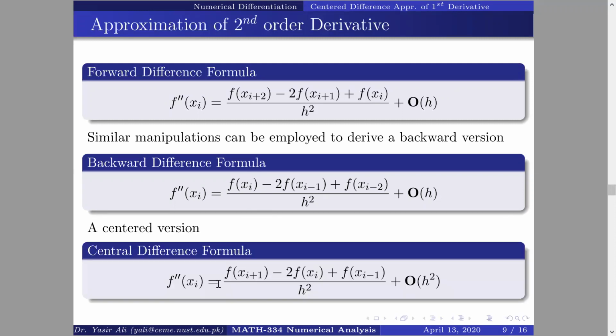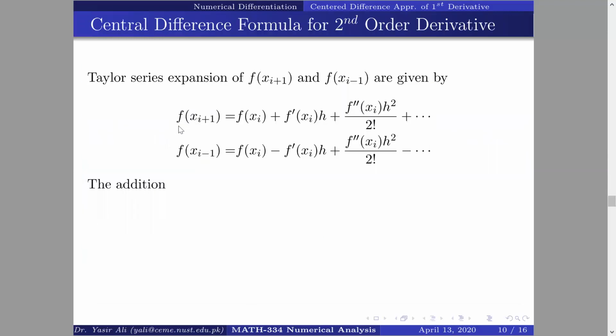Similarly, we can calculate the central difference formula with the current value, one value from the previous and one value from the forward, and the structure of the formula is much the same. We can see that the order in the case of forward and backward difference depends upon h, whereas in the case of central difference it depends upon h square. This can be proved, and we are going to prove it in the next slide.